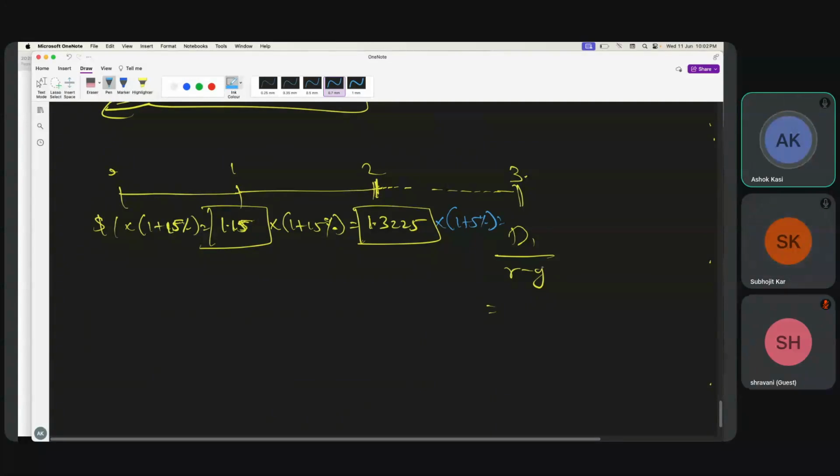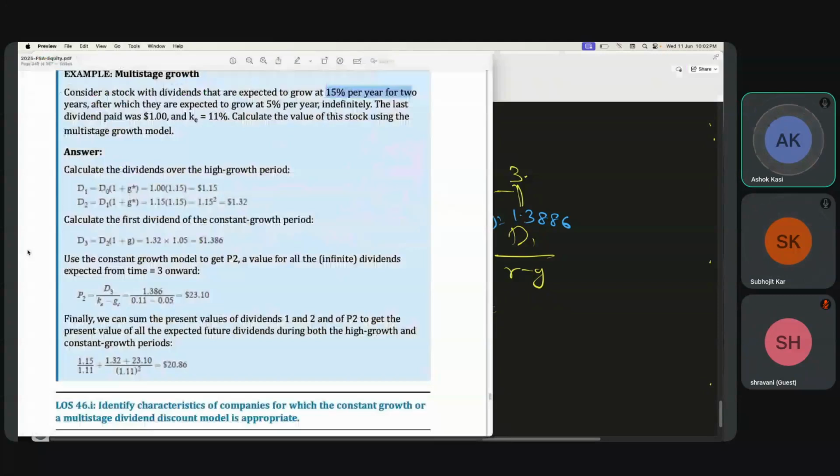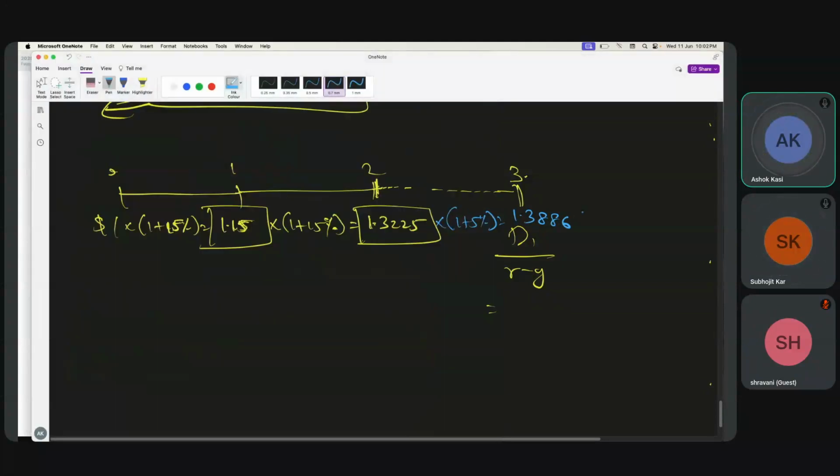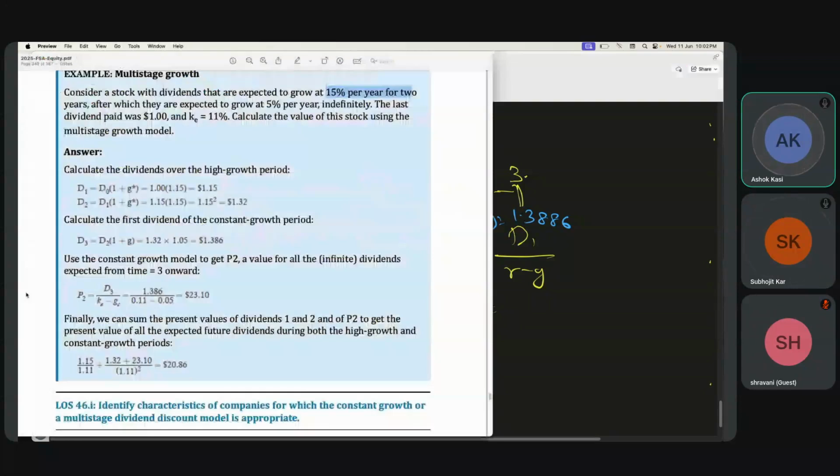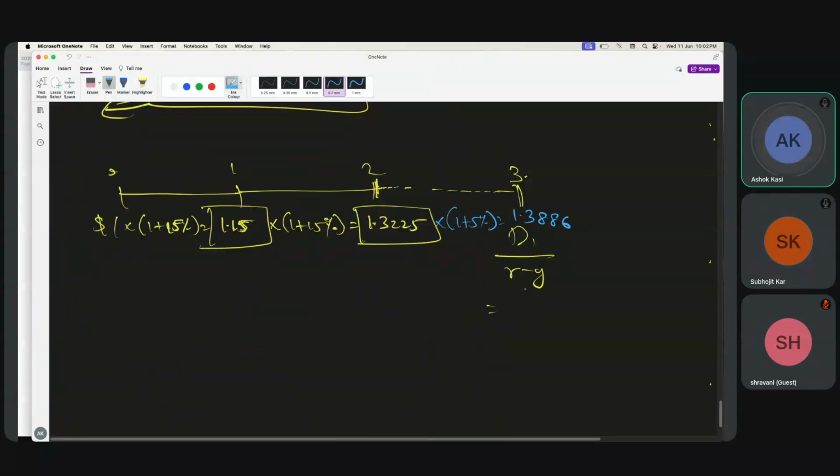Just calculate that. 1.3225 into 1.05 is 1.3886. Okay, that is all fine.